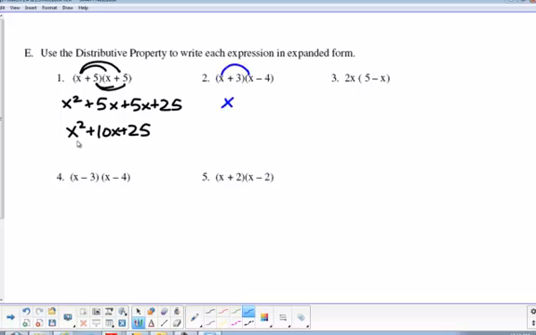I'll keep going. If you're losing your negative, you might want to make that plus a negative to make sure you have your negatives. Add your like terms. Again, go ahead and pause and do number 3.